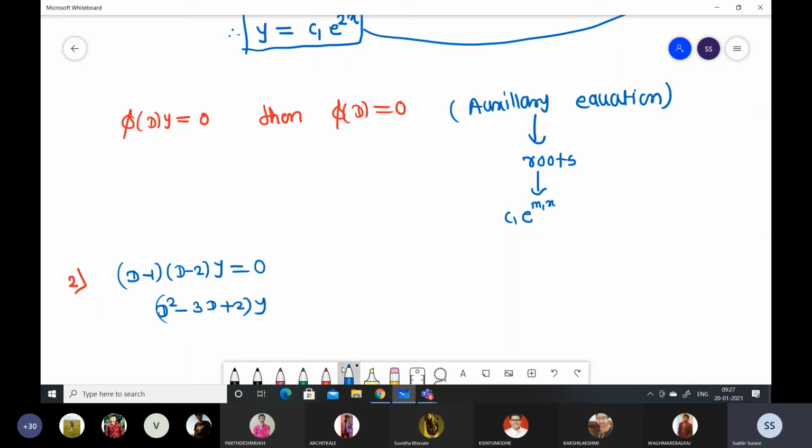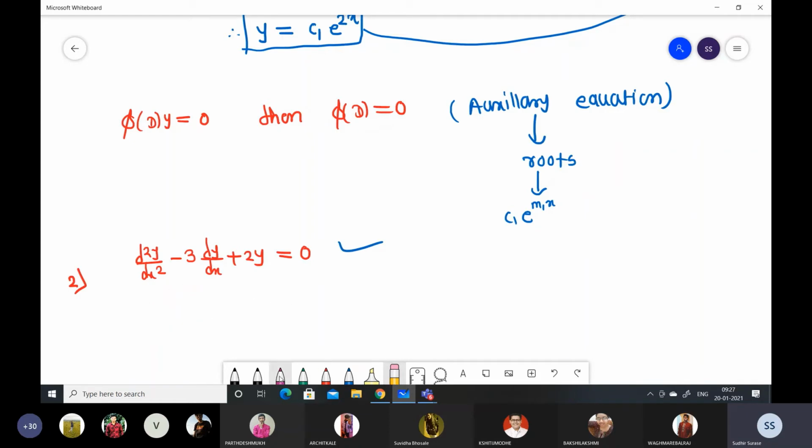Okay, fine. Now let me go back, I'm just going in reverse. Here we have d2y by dx square minus 3 times dy by dx plus 2 times y equal to 0. So start with this one. This is the given differential equation, and we are interested in finding its solution.